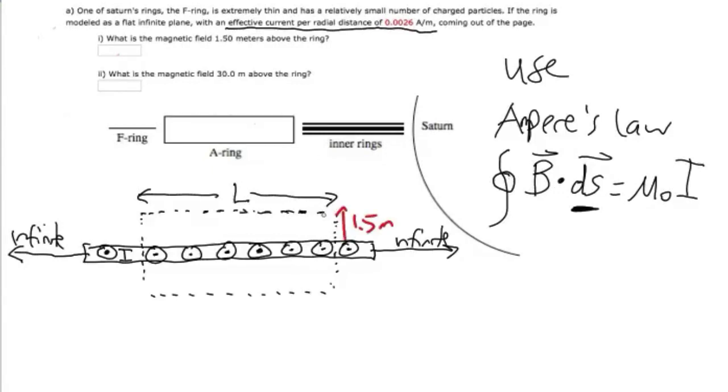Notice that by symmetry, this B field, all along this part of my Amperian loop, has got to be the same everywhere on there. And if this is 1.5 meters below the ring, by symmetry, it's all got to be the same down there as well. It is a constant value of the magnetic field at this point, 1.5 meters below.